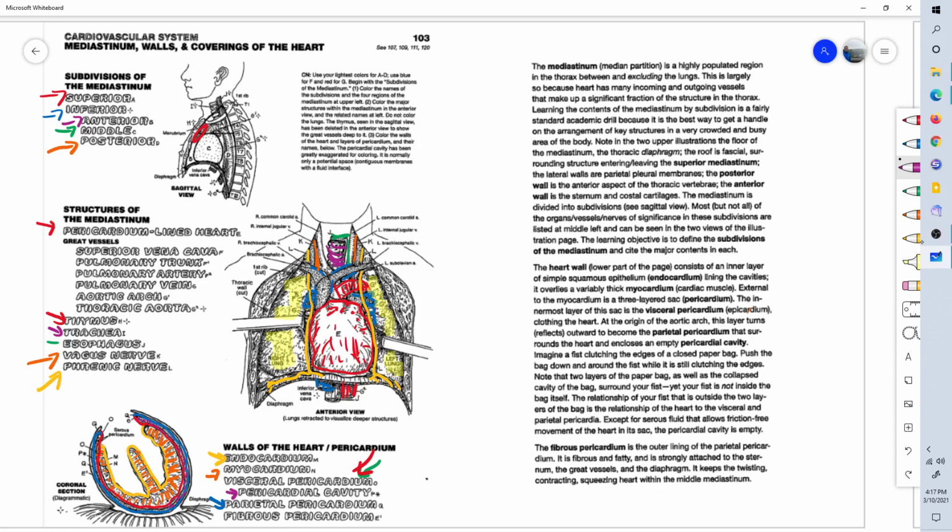So it forms a fluid-filled sac surrounding the heart, called the pericardium. And then outside that, one more layer called the fibrous pericardium. Incidentally, peri means surrounding and cardium means heart. Surrounding the heart. And here you see the fibrous pericardium attached to the diaphragm.